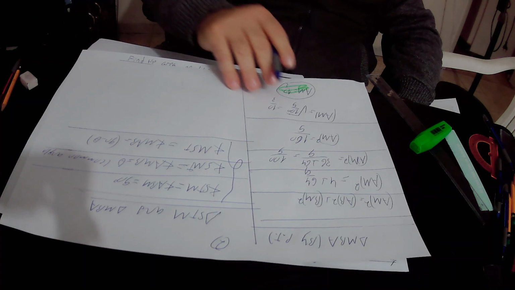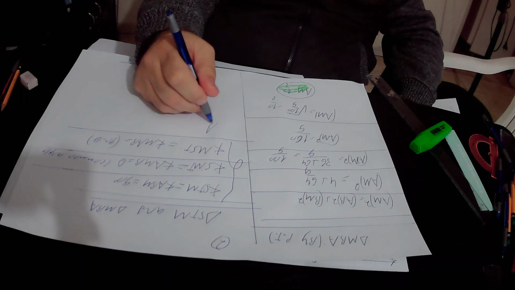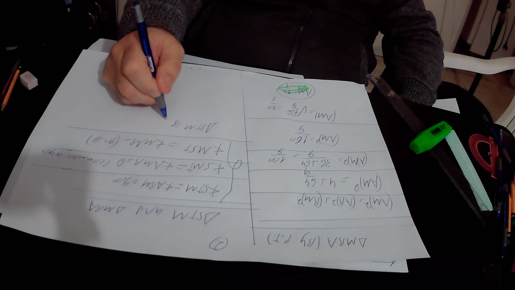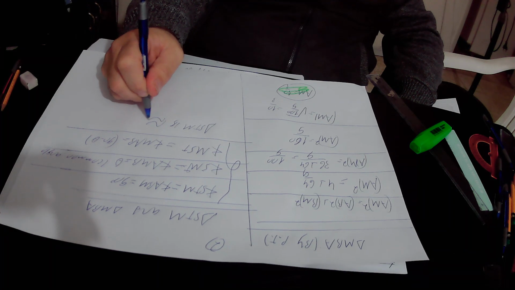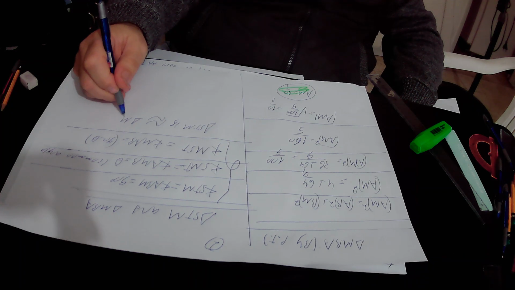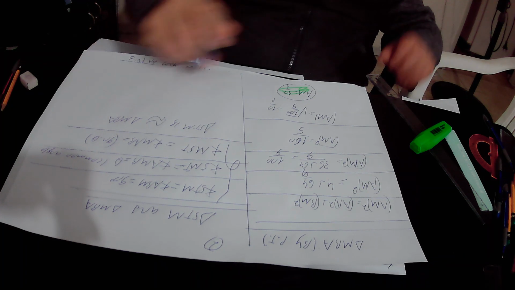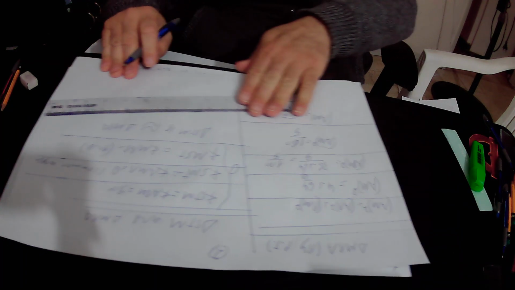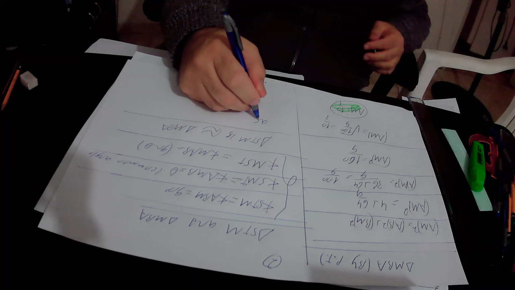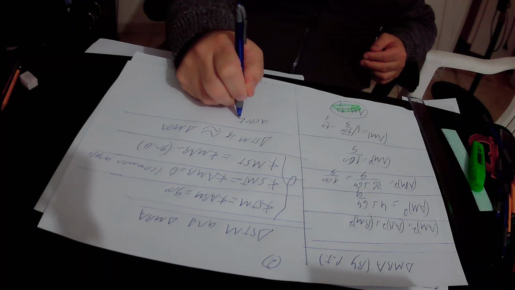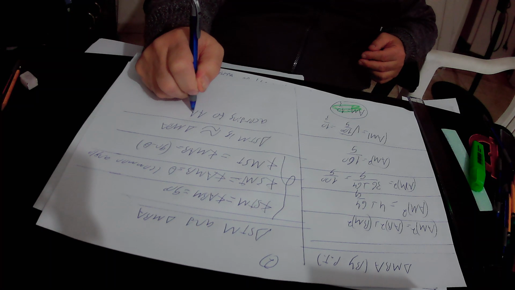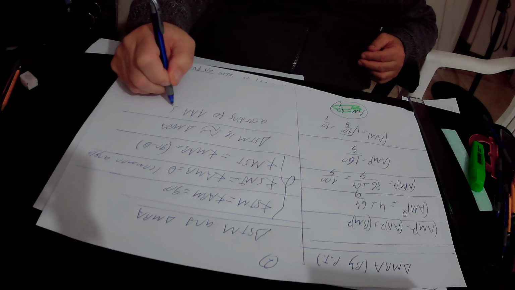So I write it down: the right middle triangle STM is similar to the right small triangle MBA according to the angle similarity rule.